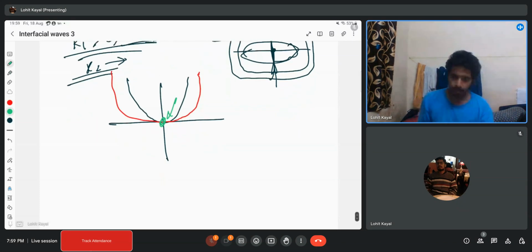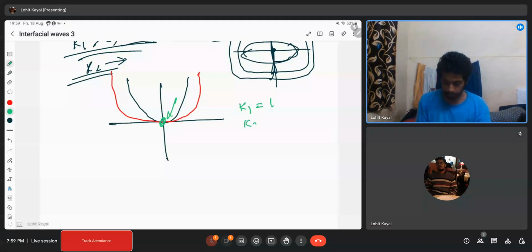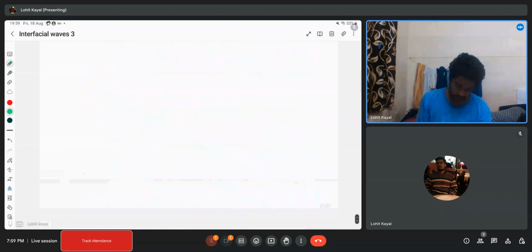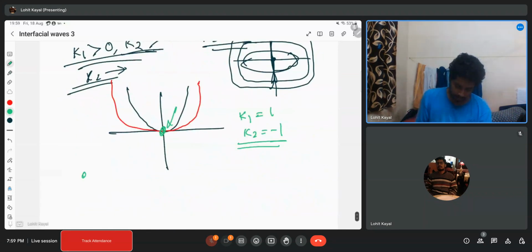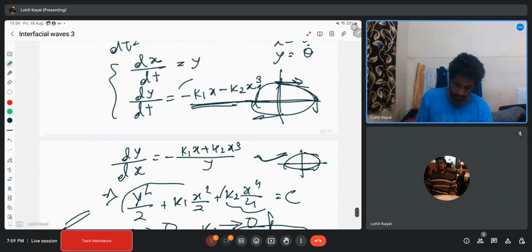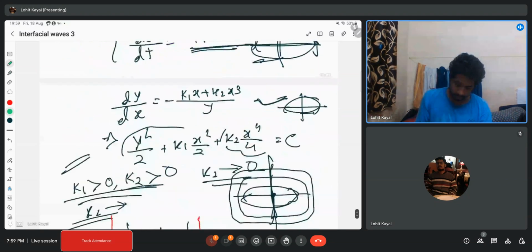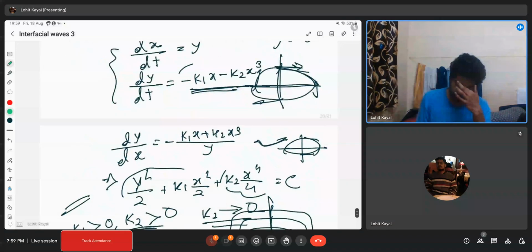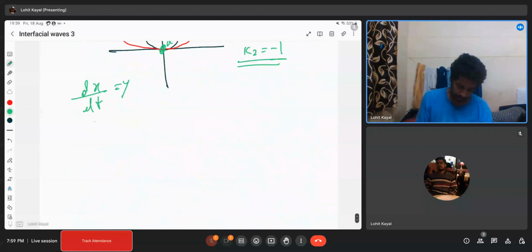Now the question is, if k1 equal to 1 and k2 equal to minus 1, then what are the fixed points? The equations are dx dt equal to y, and dy dt equal to minus x plus x cube, since k1 is 1 and k2 is minus 1.